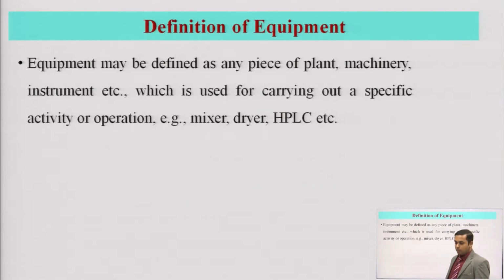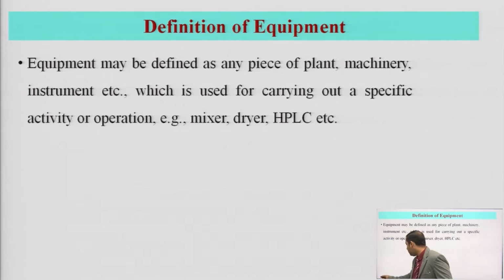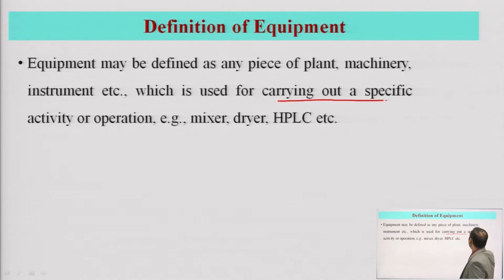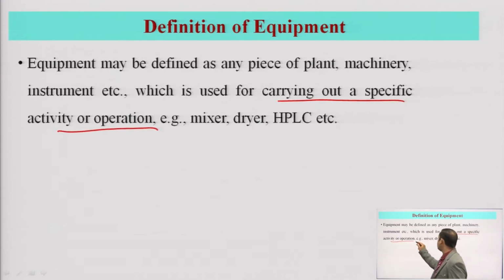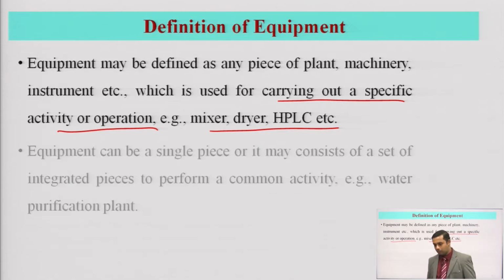So, let me tell you about the definition of an equipment. Equipment may be defined as any piece of plant, machinery or instrument etc., which is used for carrying out a specific activity or program. Let me take the felt pen, which is actually used to carry out a specific activity or operation. For example, mixer, dryer, HPLC, all these things we can call an equipment.